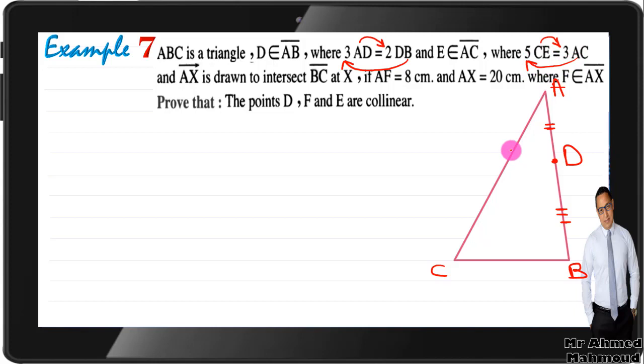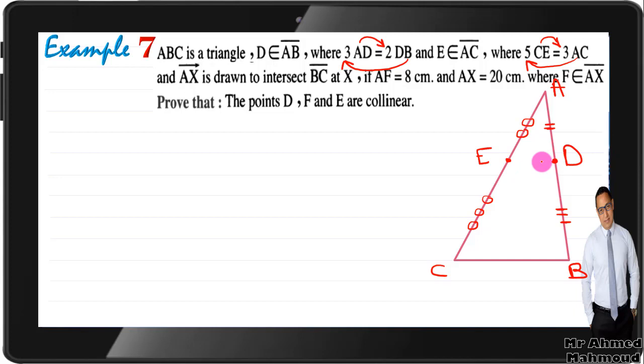Okay, CE equals 3, from C to E 3, and AC equals 5. If CE is 3 and AC is 5, so AE equals 2. So E is here in this position, in which CE is 3 like this and AC is 5, so AE equals 2.